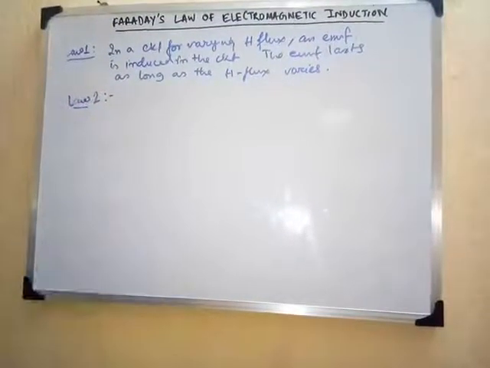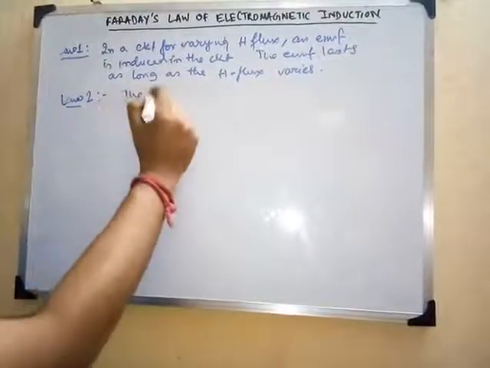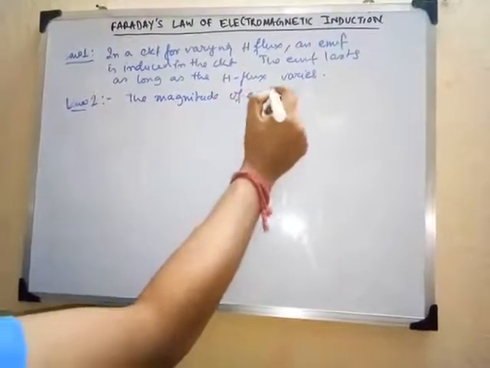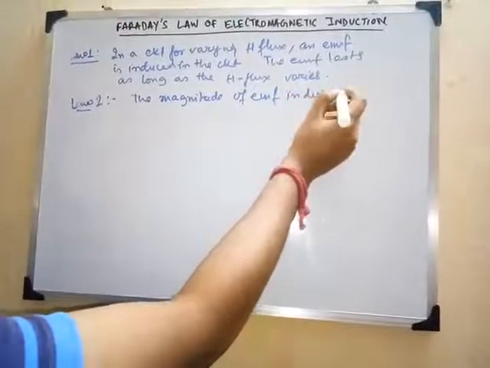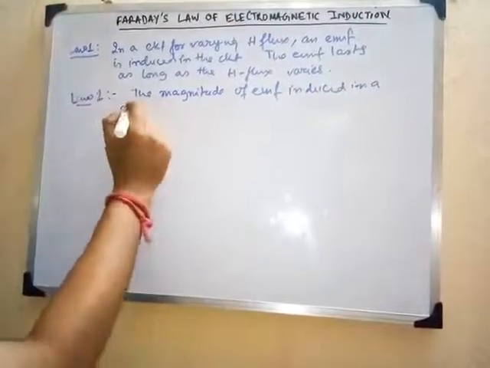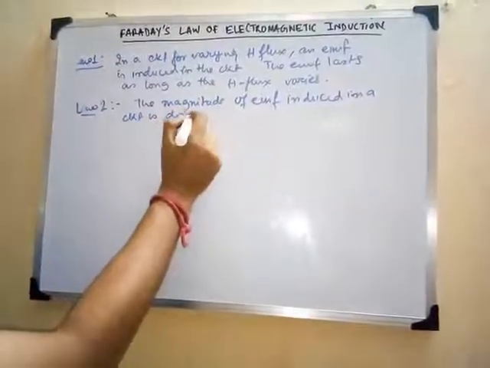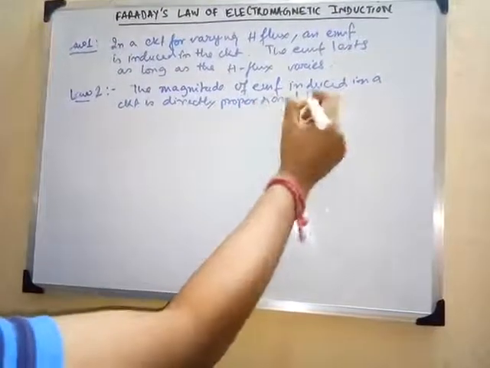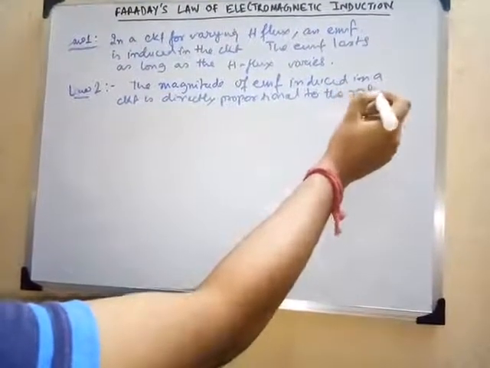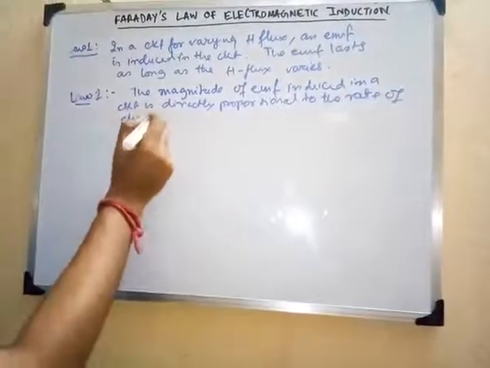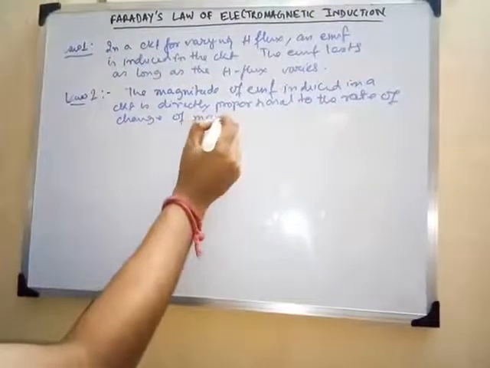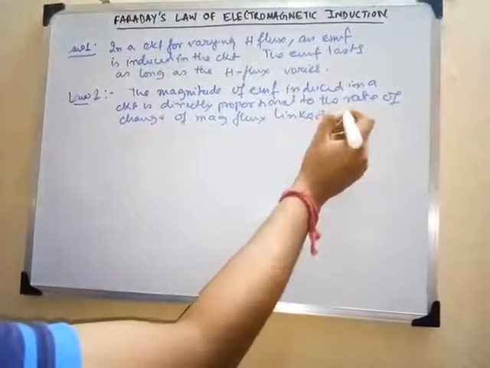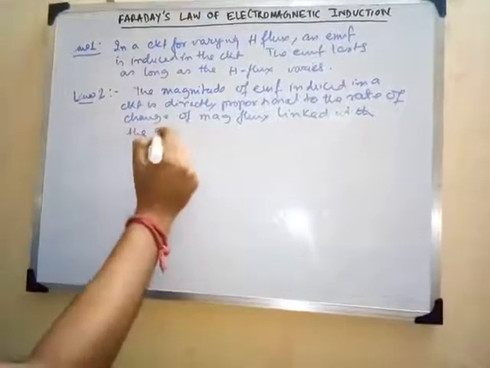Law 2, right? Law 2 states the magnitude of EMF induced in a circuit is directly proportional to the rate of change of magnetic flux linked with the circuit, right?